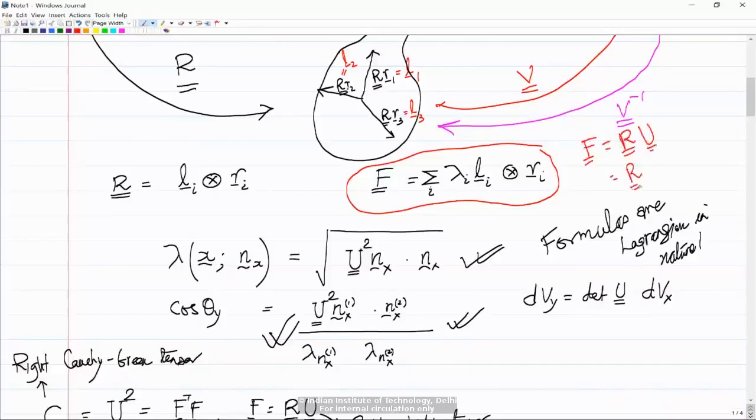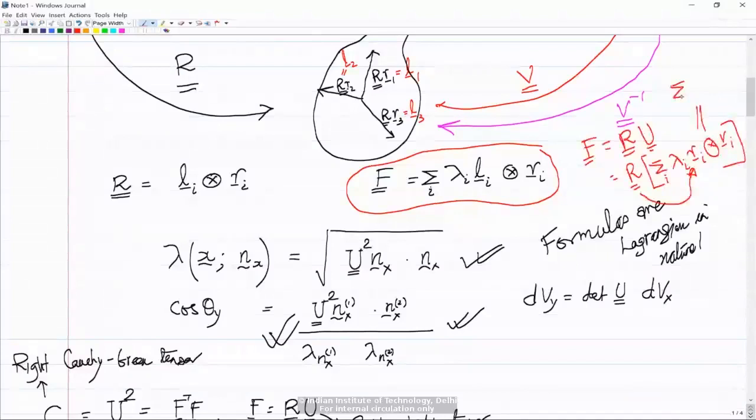And U, we already saw, is the summation over i of lambda i, little r i tensor product little r i. So when it's pre-multiplied with big R, it simply goes here, and then it becomes the summation over i of lambda i, big R into little r i, tensor product little r i. And this is what it is here. That big R little r i is the same as L i.